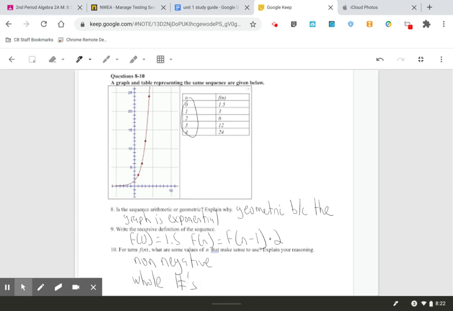So when they say what values of n make sense, meaning what numbers do we use for term numbers? They start at term 0 and then we go term 1, term 2, term 3. So non-negative whole numbers, meaning we don't have negative numbers and we don't have decimals representing term numbers. So that is the answer for number 10.